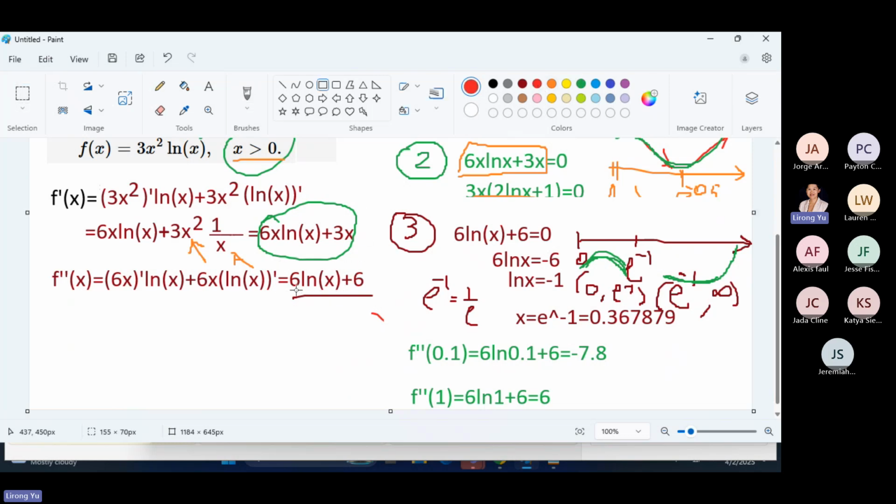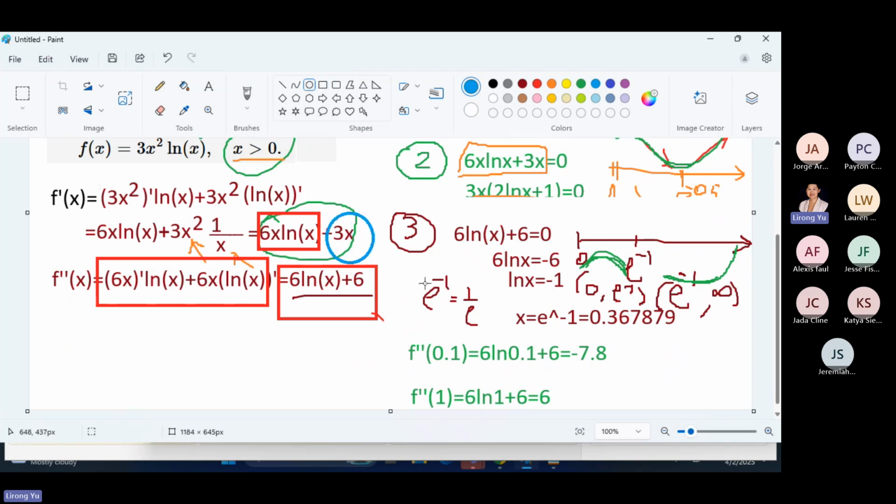I was using the second derivative, so I did the product rule on that, and this part is giving me this and this. But then I forgot to differentiate this 3x, right? I forgot to find the derivative of that part. Sorry, I totally didn't realize I forgot to differentiate the 3x.